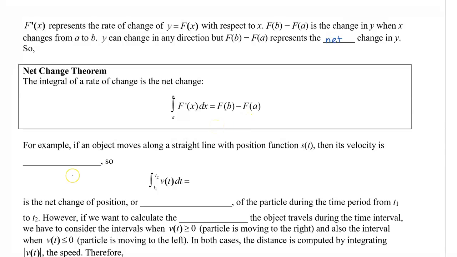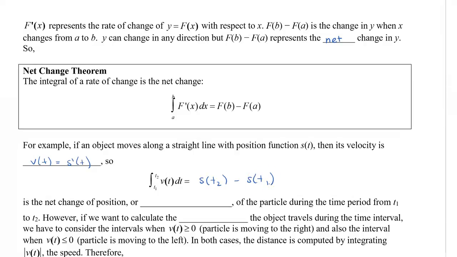Now, for example, if an object moves along a straight line with position function s of t, then the velocity is v of t equal to s prime of t. So we can say that the integral from t1 to t2 of v of t dt is equal to s of t2 minus s of t1.